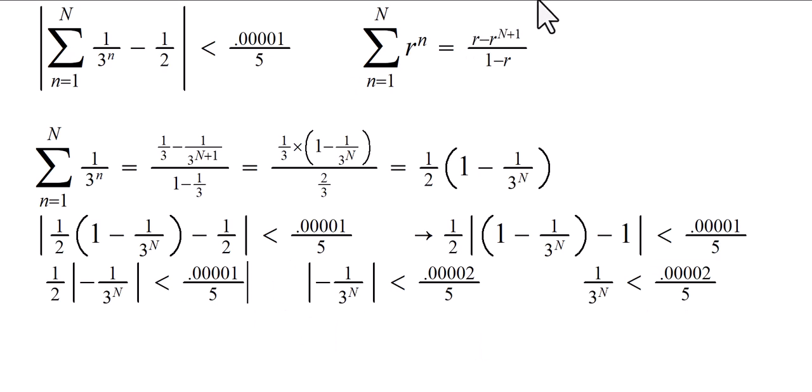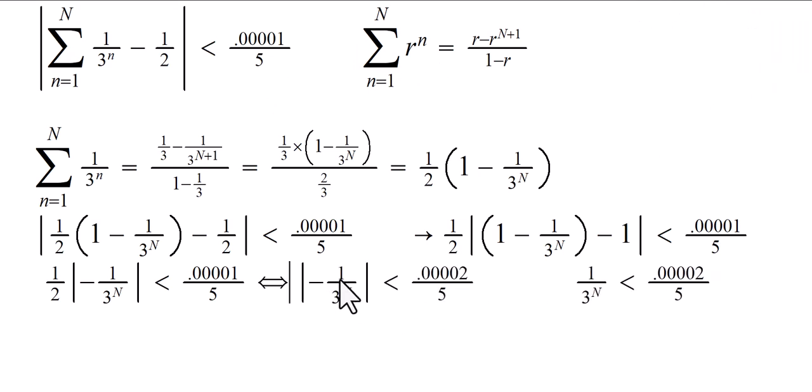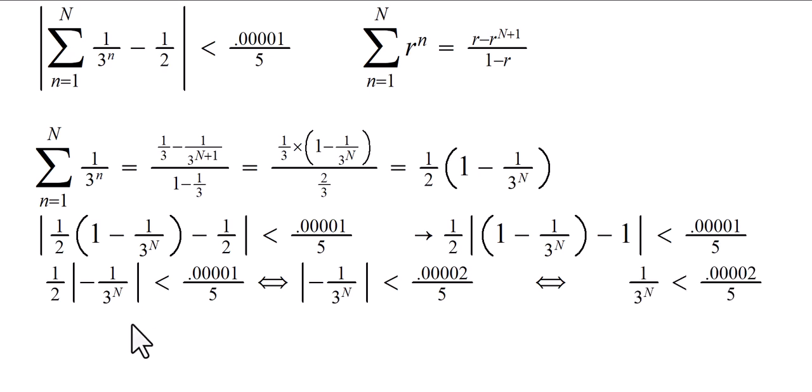Let me write this here, since it looks awkward without anything in between. Okay, I'll copy and paste it here. Good. So now from here we have this.